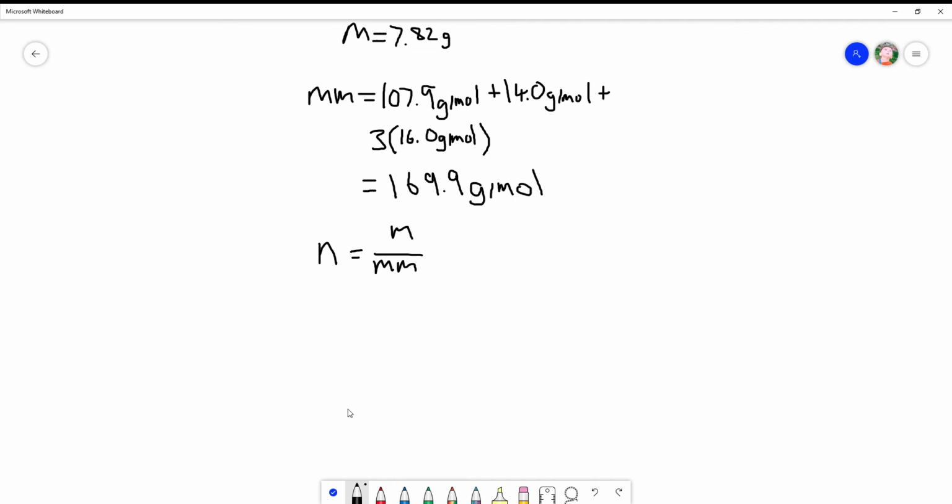So we just have to plug in the numbers. n equals 7.82 grams over 169.9 grams. And so the grams cancel each other out, and we're left with a total of roughly 0.046027 moles.